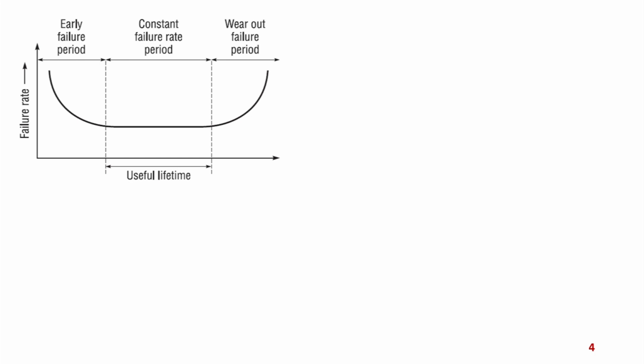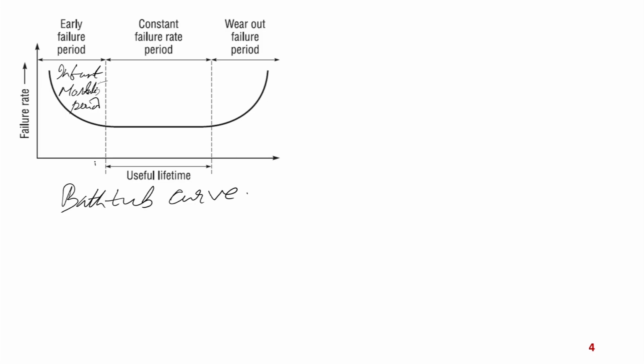You see here, this is called the bathtub curve, and this represents the failure rate. It is especially relevant to electronic systems or components, and this stage is also called the infant mortality period.